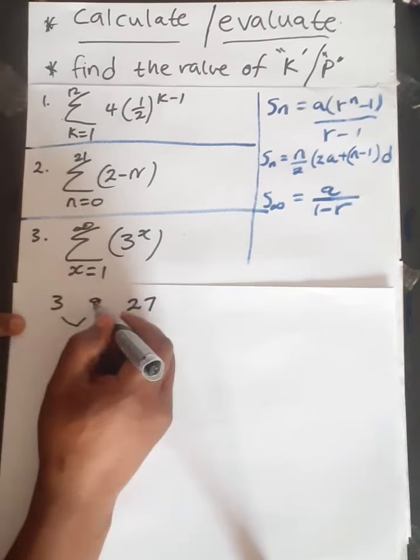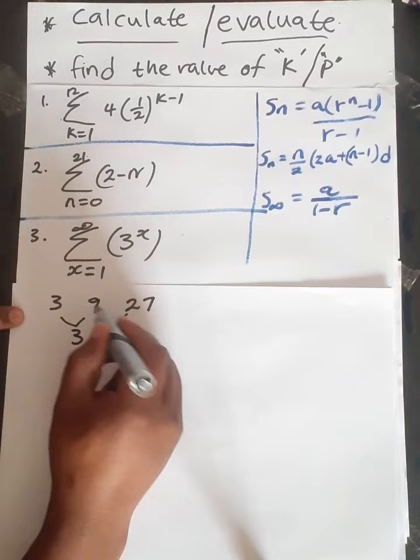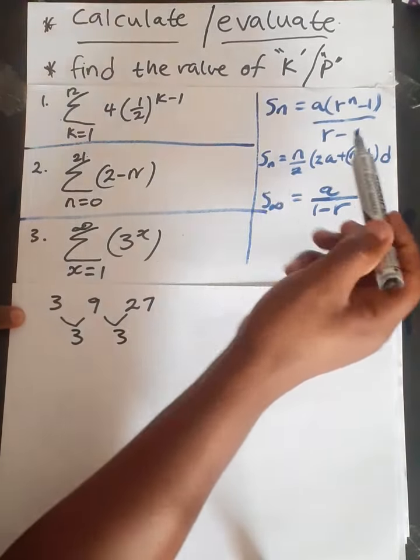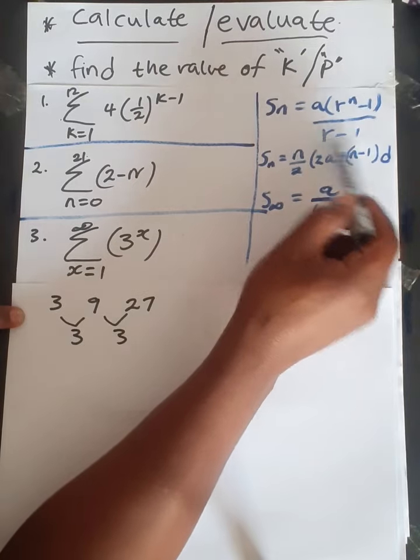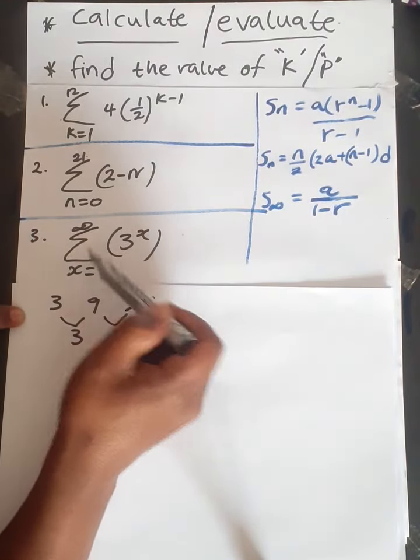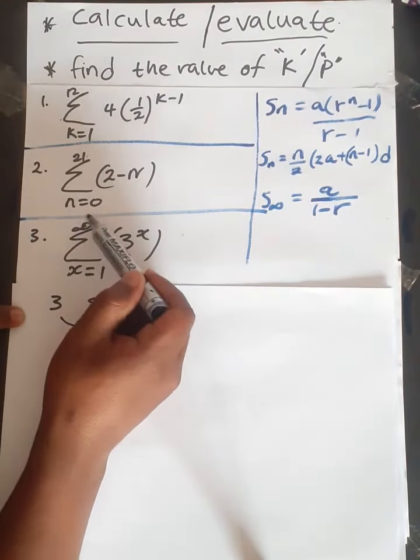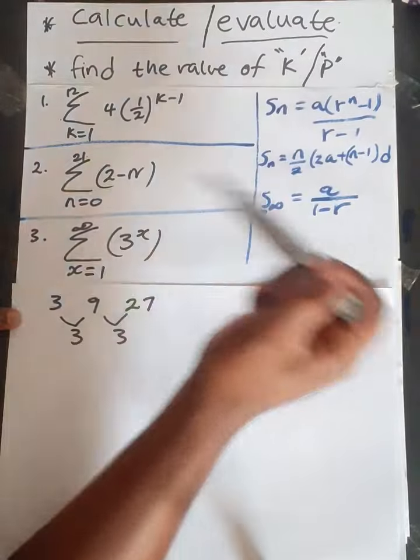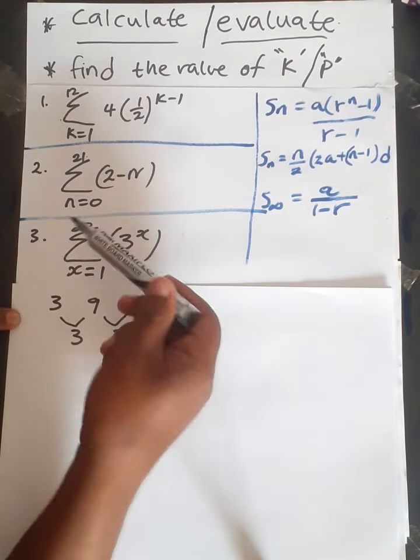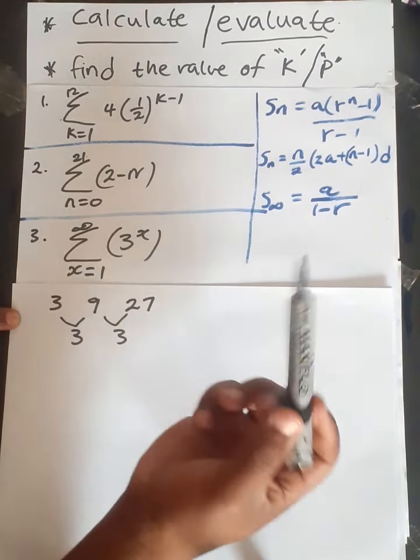It's geometric. 9 divided by 3 it's 3. 27 divided by 9 it's 3. Since it's geometric, we must choose the geometric sum. But since we don't know what n is, since n is infinity, we should use the sum to infinity. Right? Because we cannot say top minus bottom plus 1, because infinity minus 1, right?